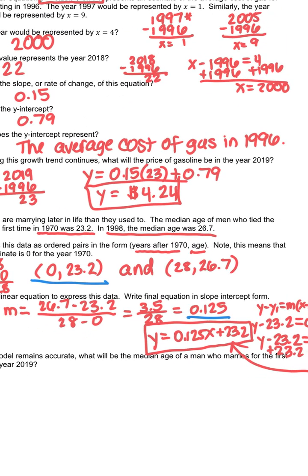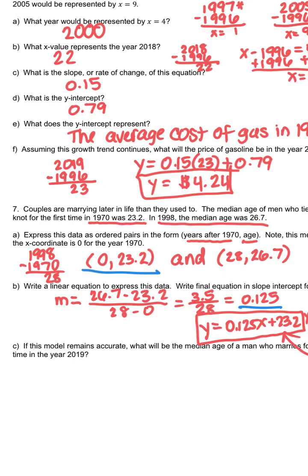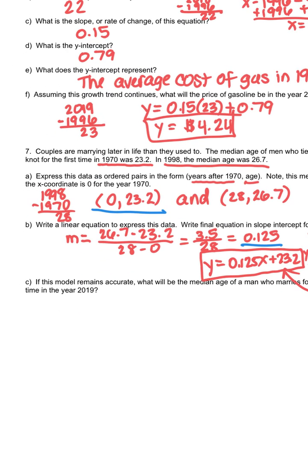It says C, if this model remains accurate, what will be the median age of a man who marries for the first time in the year 2019? So let's go ahead and plug in the information that we have. So we have our equation, y equals 0.125 times x. And what's our x? Well, we can do 2019 minus 1970, and we get 49.